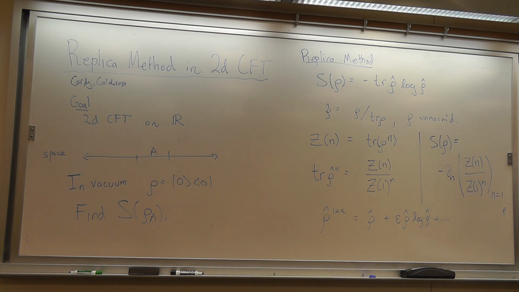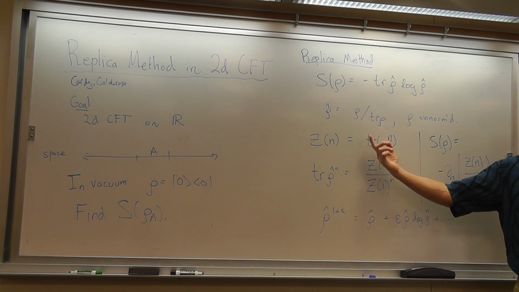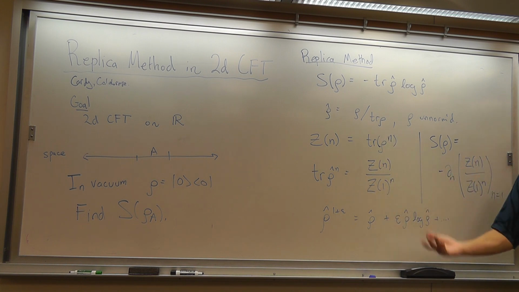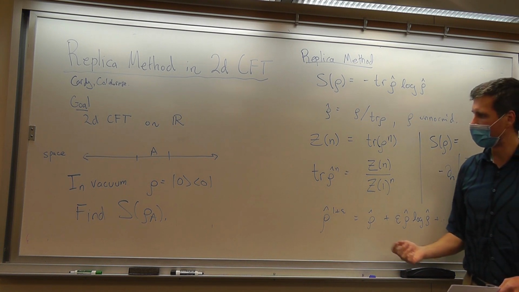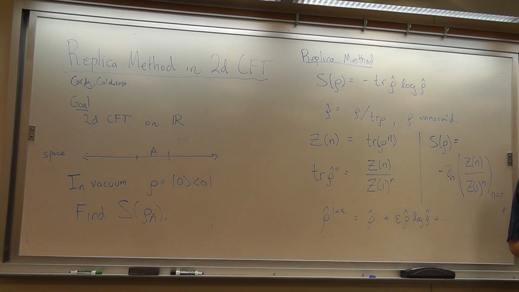So the way we're going to do this calculation is by finding a path integral that calculates this for integer n, and then analytically continuing away from the integers to find the answer at non-integer n, and then taking the limit of n to 1 to extract the log. That's the strategy. So is that clear?